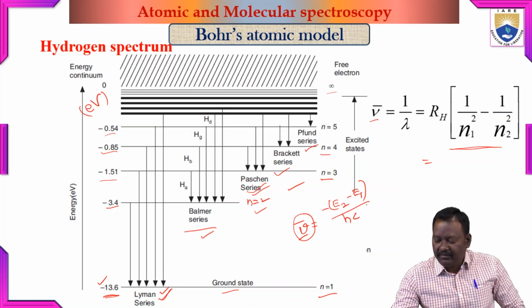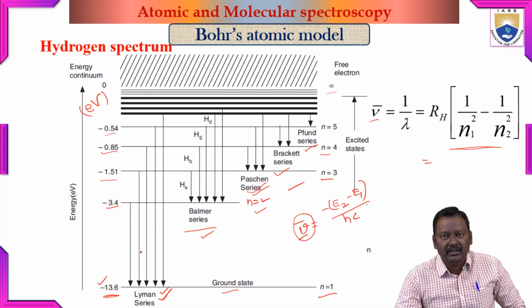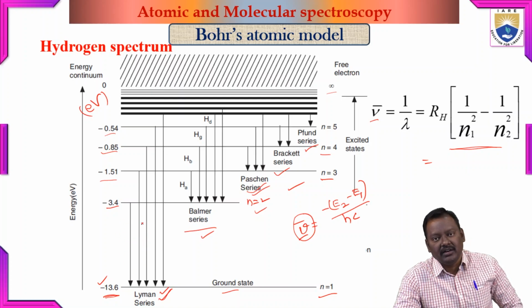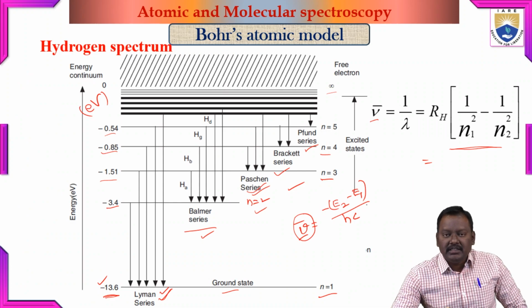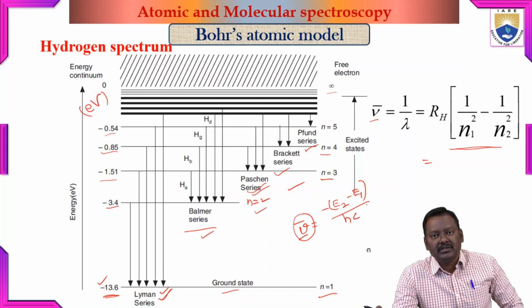So easily we can find all the energies of all these lines. Energies, wave numbers, or wavelengths also can be easily calculated by using all these formulas. So all these lines are satisfied by Bohr's atomic model. So Bohr was successfully able to explain the line spectrum of hydrogen.